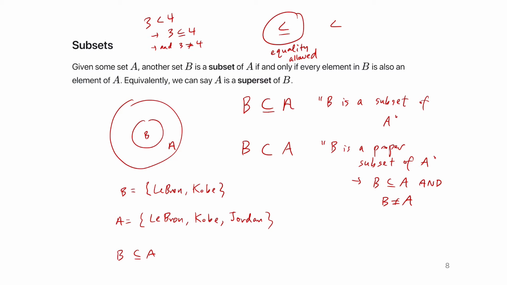Okay? So actually, in the example that I've given, we could also say B is a proper subset of A, because A and B are not the same set.